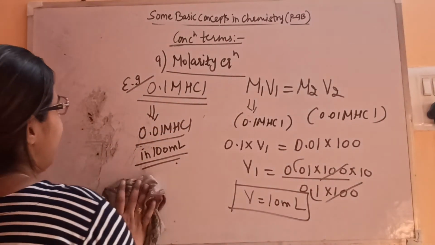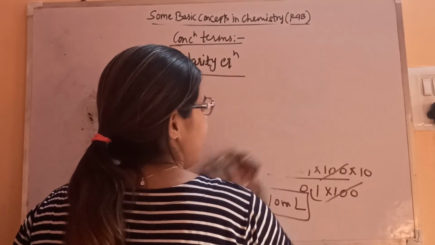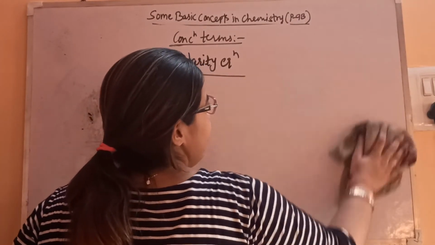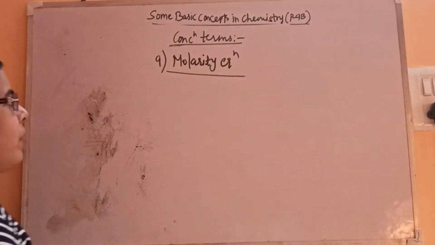One more equation is there when two different reactants take part in the reaction. Here we have discussed the same solution, because only that can be diluted. It is not meant for two different types of reactants.